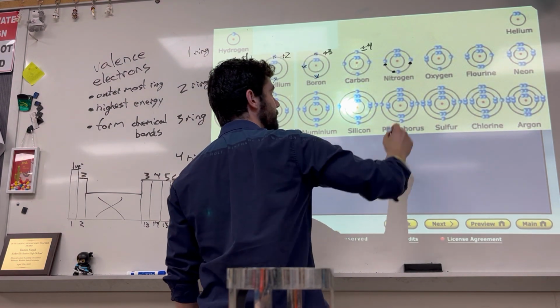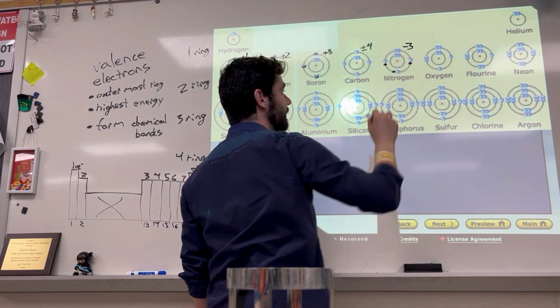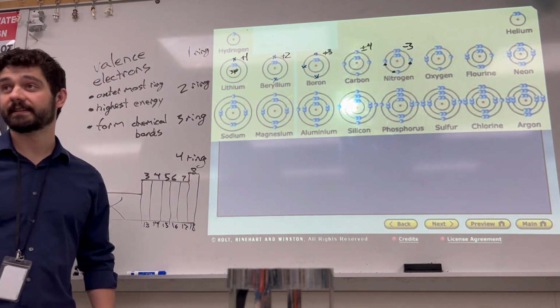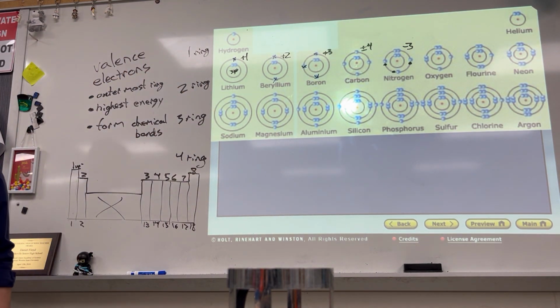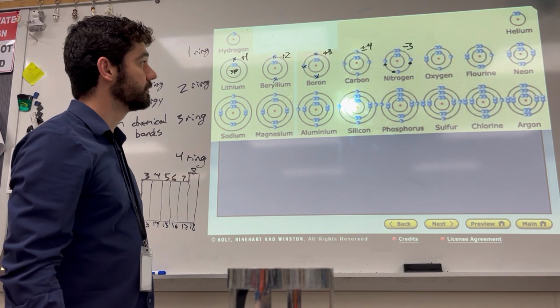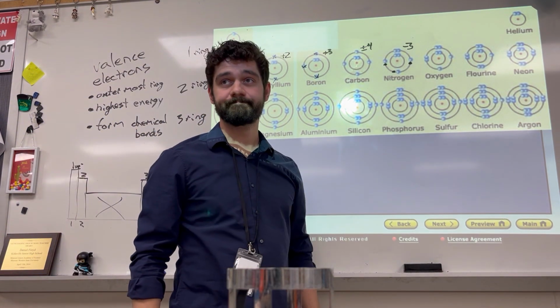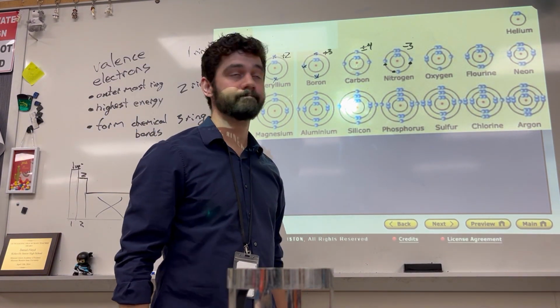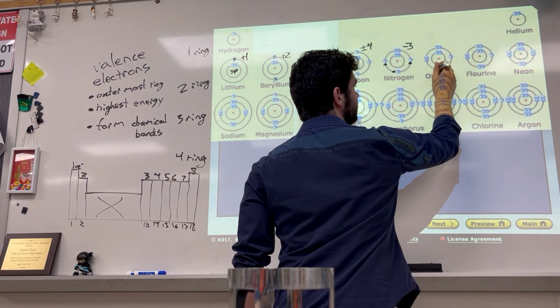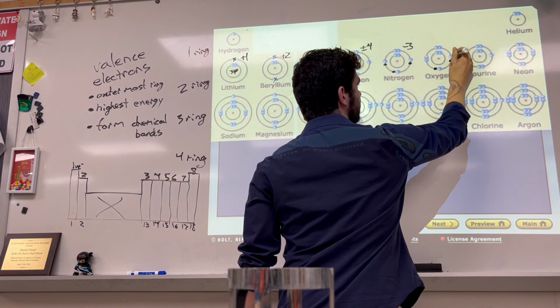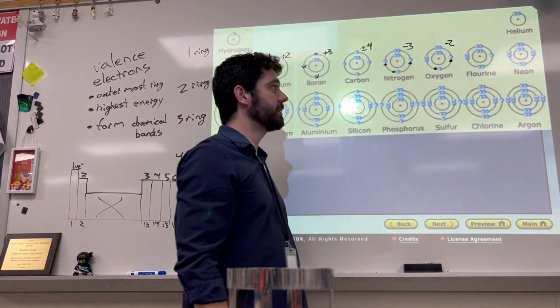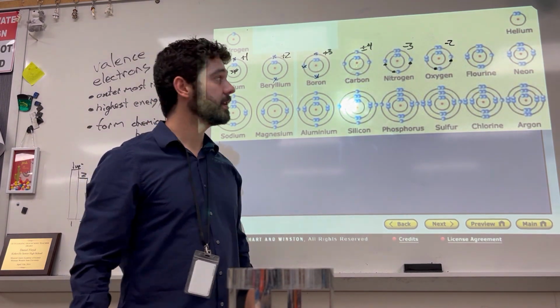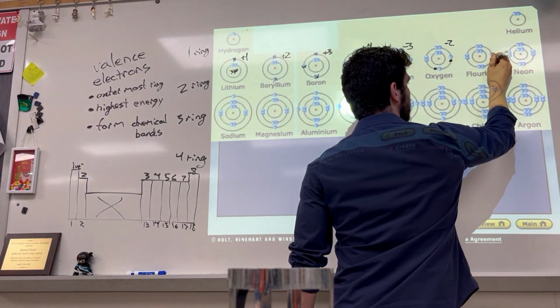Which would give it what charge? -3. 3 whole electrons gives you a -3 charge. What about oxygen? More stable when it has the same electrons as neon. Same for fluorine, yes? -1.